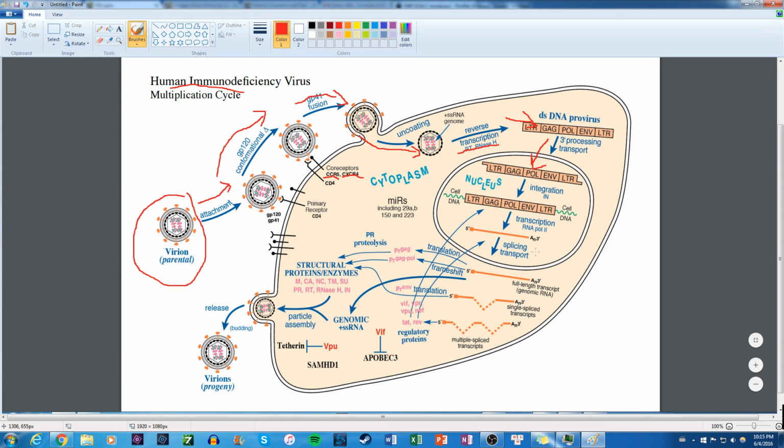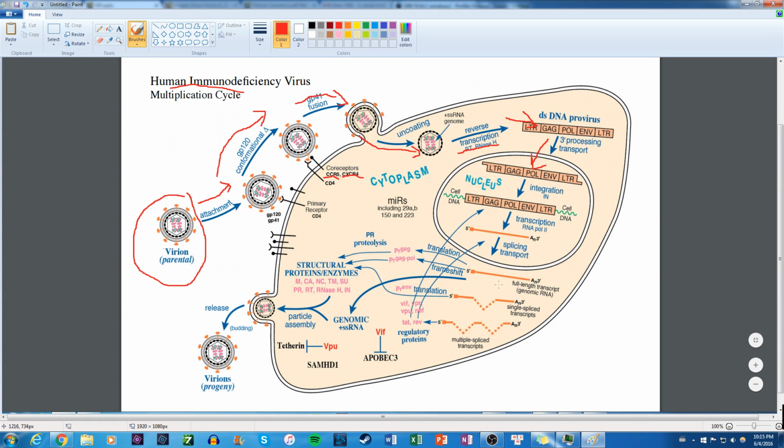You also have splicing of the mRNA. Sometimes you don't have splicing if you want to get the GAG and the POL genes translated. And then if you need your envelope genes, you do a single splice of the mRNA.